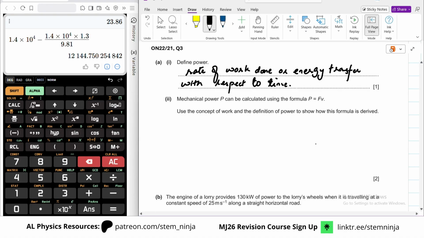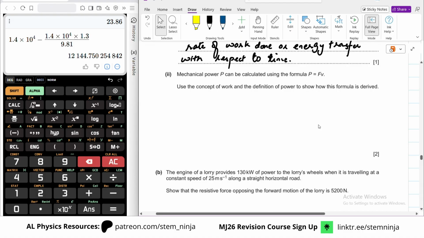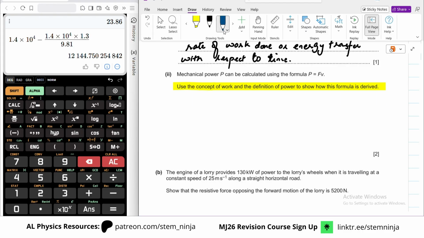The mechanical power P can be calculated using the formula P is equal to Fv. Use the concept of work and definition of power to show how this formula is derived. Okay, so how they've phrased the question, we can't just simply derive it with symbols. We need the concept of work and the definition of power. So your work is force times displacement.